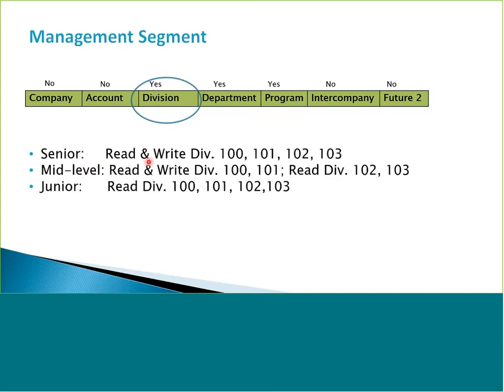If this is our scenario, the other thing I wanted to mention is that we can have more than one ledger in our data access set, and we can specify the privileges for each of those ledgers.